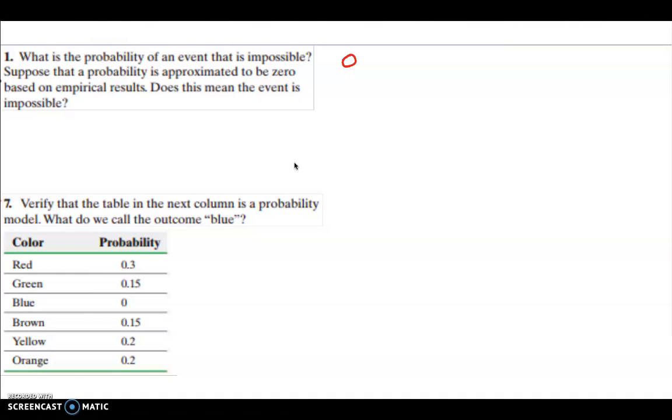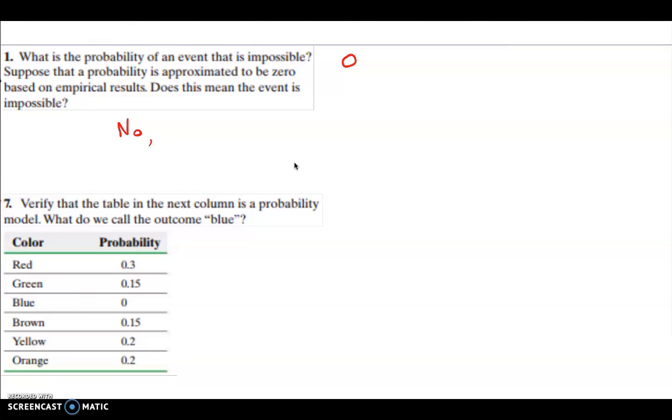Empirical results just means a very good estimation. We're not observing anything, but we're just saying, mathematically, this could never happen. Does that mean something is impossible? So, in that case, an empirical probability that's approximated to be 0, does that mean that it's impossible?